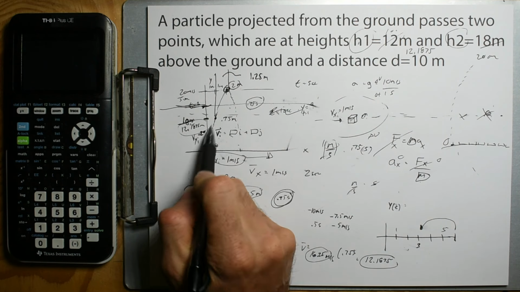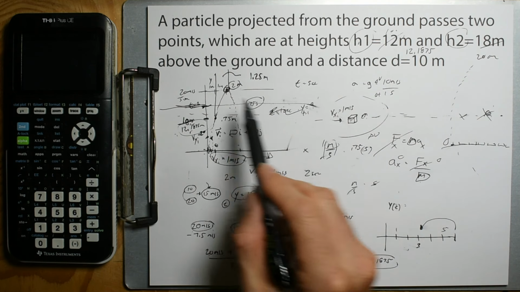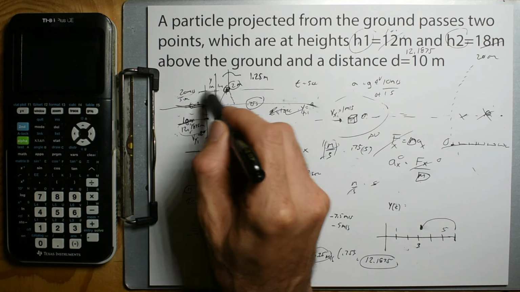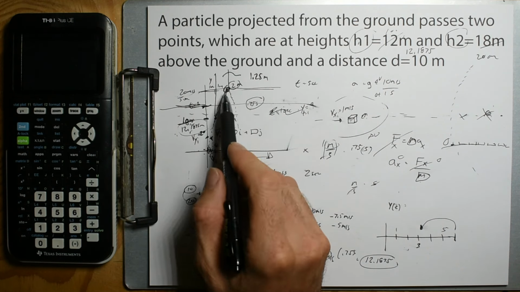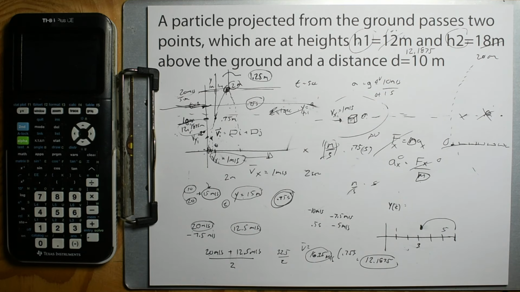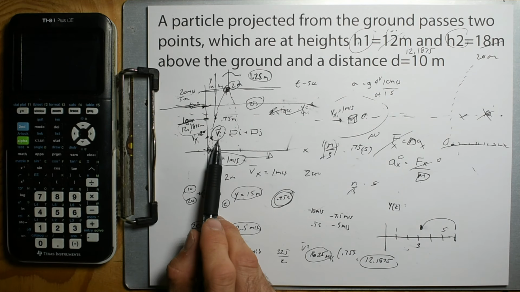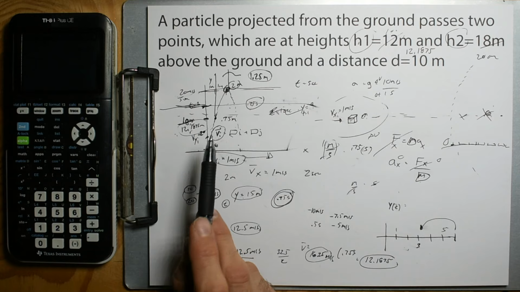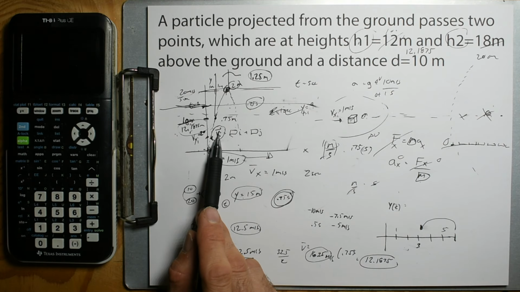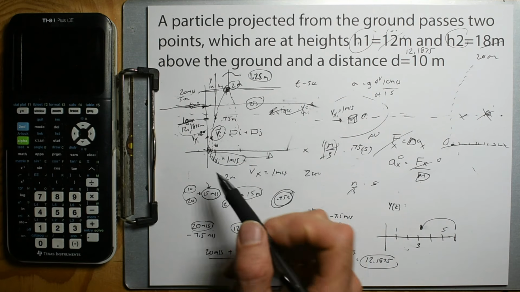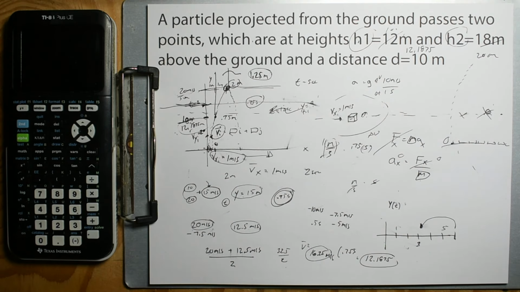If point 1 is at 12.18 and then point 2 is at 20 meters high, the distance between those is going to be 1.25 meters. So then for this problem, our initial velocity, the minimum, or, yeah, I don't know if it's maximized or minimized.